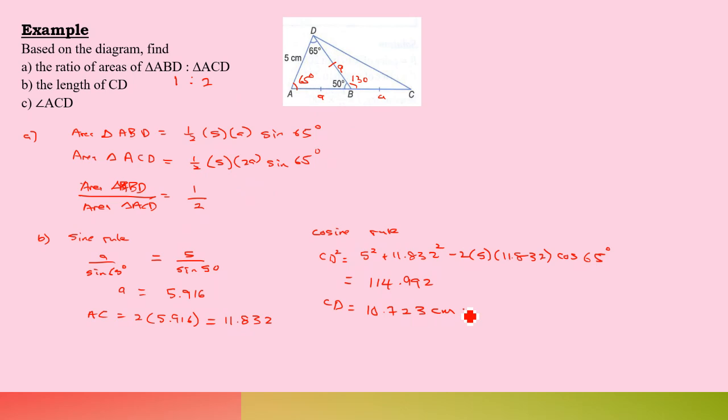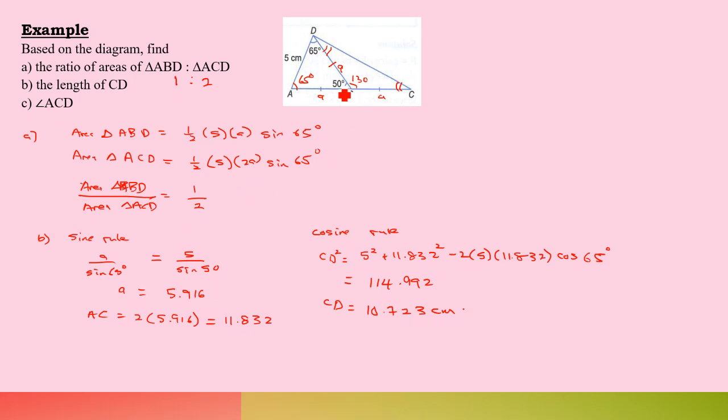Okay, the last part, angle ACD. You don't need to do any calculation. Since this is the same length, this also the same length, and this is 130 degrees because it's one straight line, this angle and this angle will be equal, because it's an isosceles triangle.